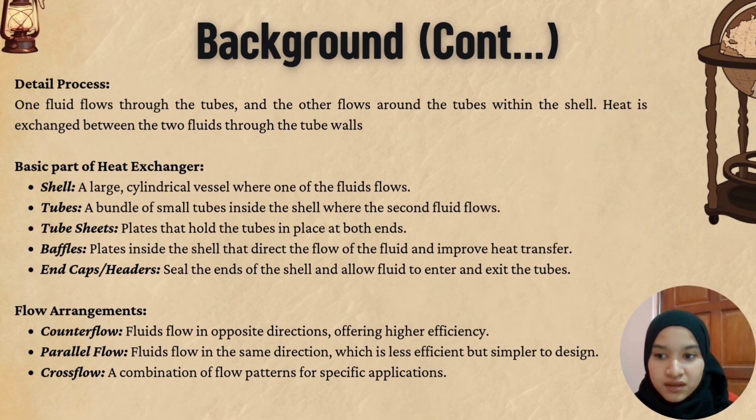This flow arrangement is less efficient but simple to design. And the last one is cross flow, a combination of counter flow and parallel flow. This is patterned for specific applications that have a core transfer for the heat exchanger.